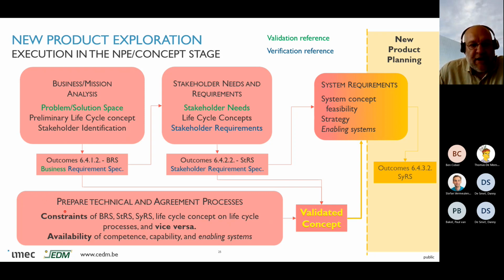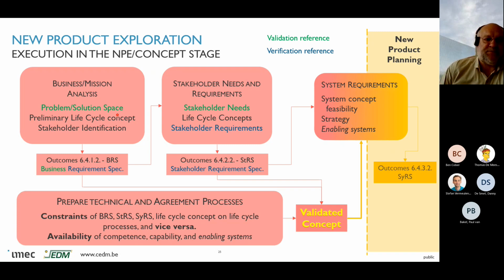Analysis, system analysis is happening everywhere, is a very important part of the exploration activities. What I also indicated here are the references for validation, the needs, and this problem solution space. We talked last webinar about the problem space statement as the reference for checking whether you're really addressing the proper problem and that the solution is really addressing the needs of the stakeholders, which are written down in a stakeholder needs statement.